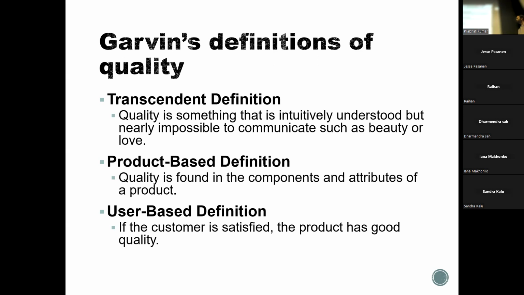The third is the user-based definition. If the customer is satisfied, the product has good quality. This can also be one of the definitions. For example, if I am wearing a pair of shoes and I'm okay with them, and they are doing what I'm wearing them for, for example, for the snow they are working very well, then I will not care what technology or material was used to develop them, because ultimately it is serving my needs, and my need is that it should work for snow, right?